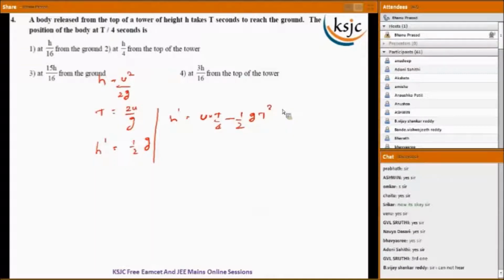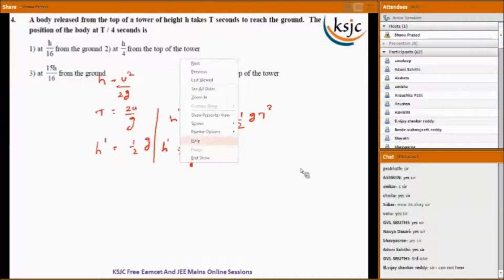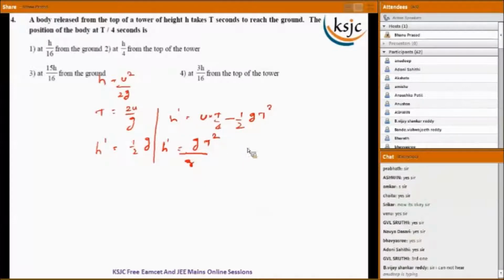Now wherever u is present, there you can substitute the value of gt by 2, and that leads to h dash equals, in place of u I am substituting gt by 2, so it becomes gt square by 2 into 4, that is 8, minus of gt square by 2.